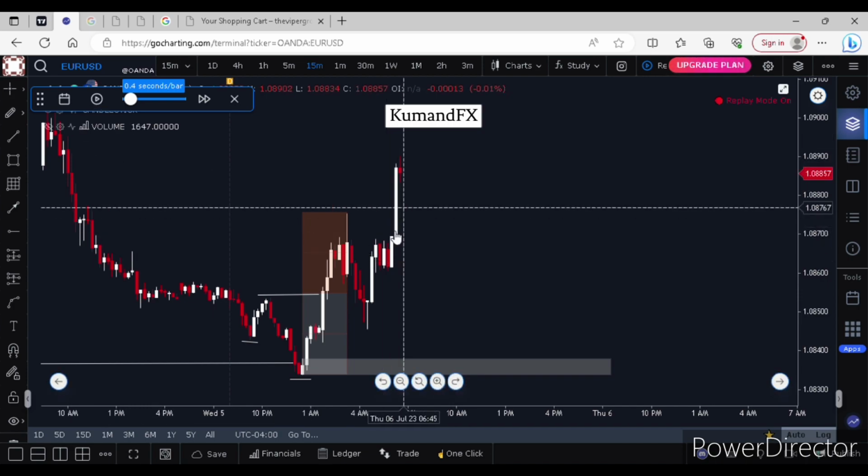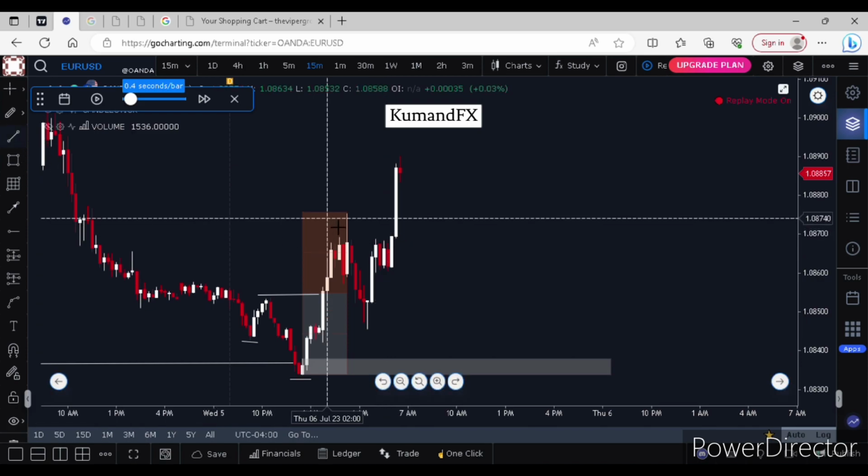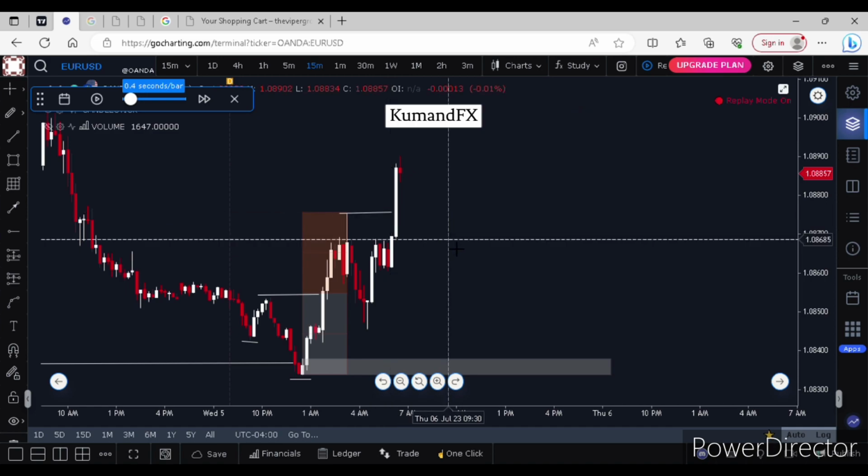We'll play price forward. So price breaks structure this time around. It breaks structure once again.